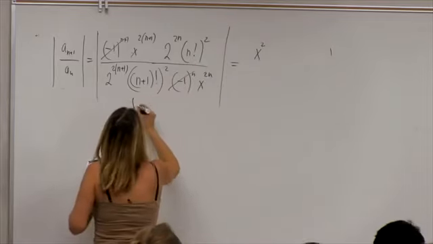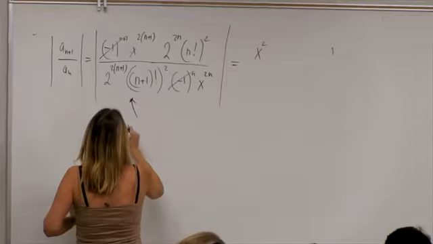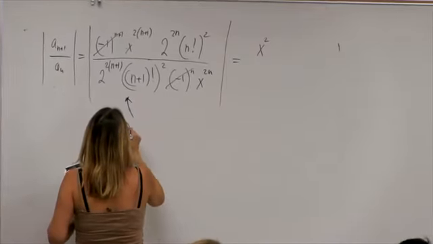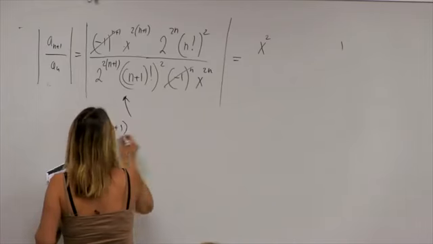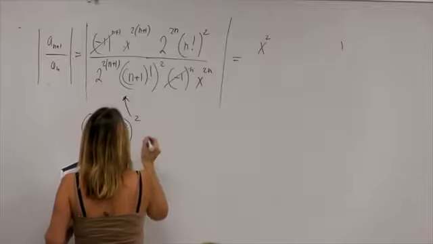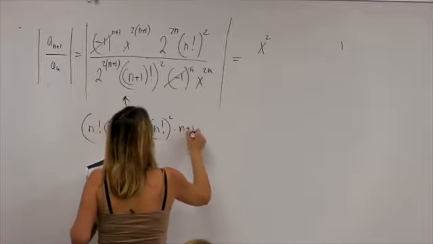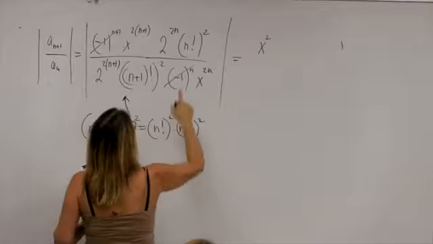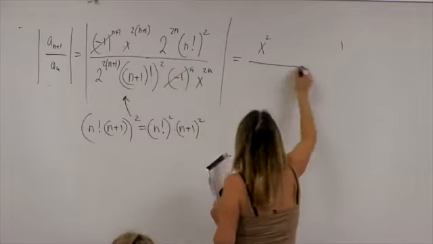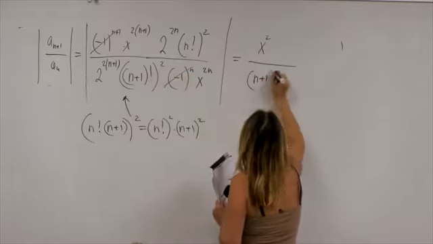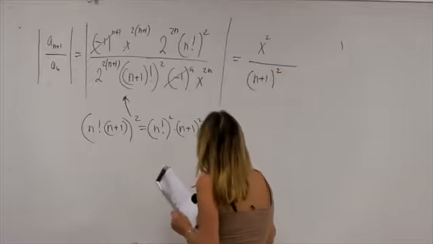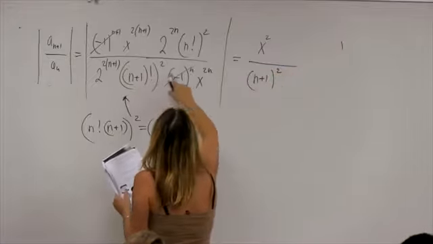I have this. What's this guy? It's (n+1) factorial, which is n factorial times (n+1), so squared it's n factorial squared times (n+1) squared. N factorial cancels, so I have (n+1) squared. Fine.